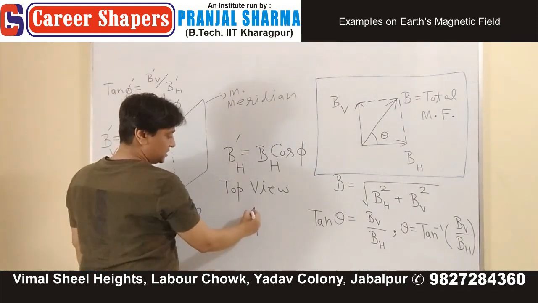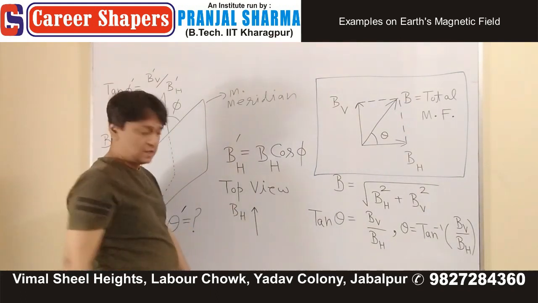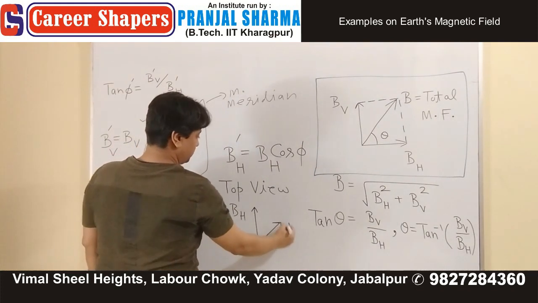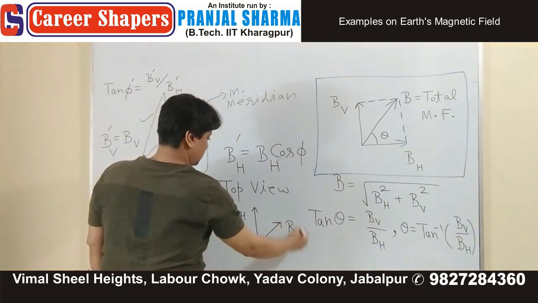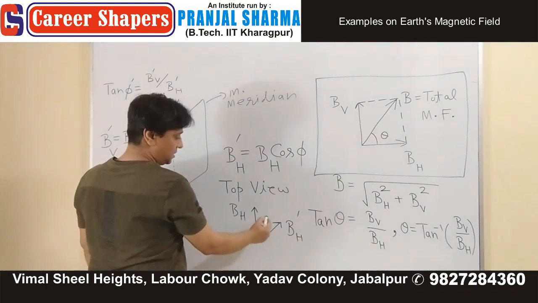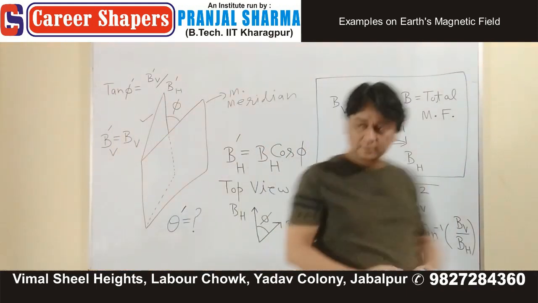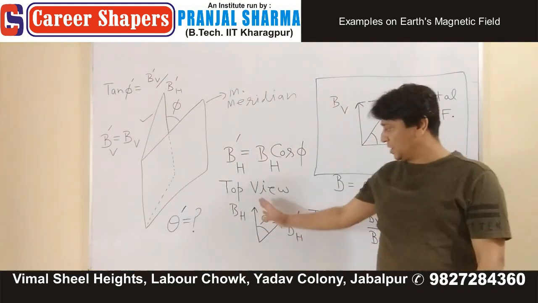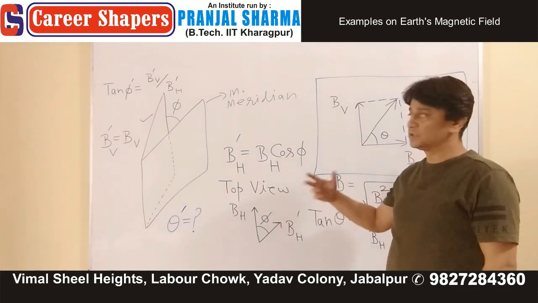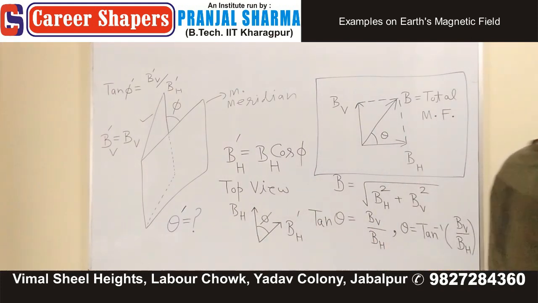This is BH. This is BH dash, and this angle is phi. You will understand it this way.